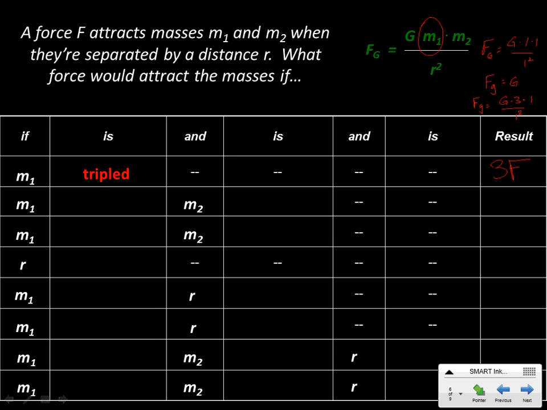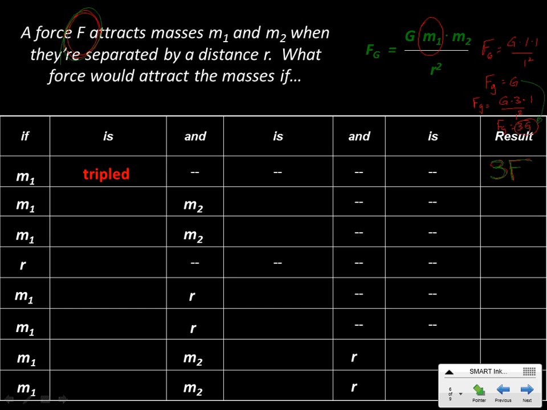Well, that's 3G. What did I do to the force F? I multiplied it by 3. So the result is 3F. Now, I hear you. You said, I thought it was 3G, but I'm saying it was a force F. What happened to the force? It went from G to 3G. It's multiplied by 3. So what did we do to force F? We turned it into force 3F.